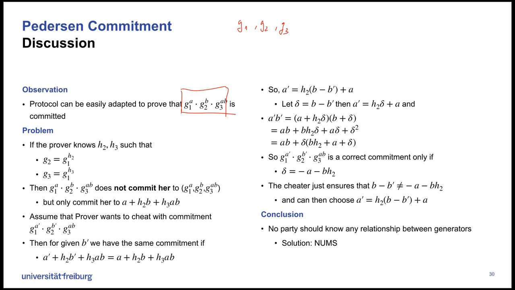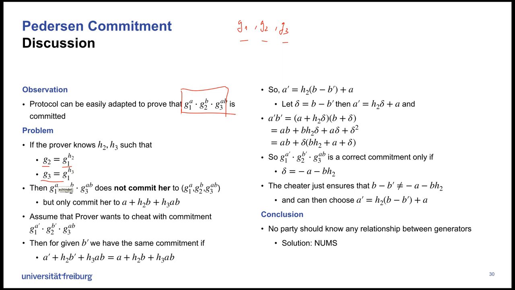This here, 2 to k, 2 times k. But who knows whether I have taken a random number? Now, if I'm giving you the scheme and say these are my 3 generators, it could be that I have chosen G2 as some power of G1 and G3 as some power of G1 as well.